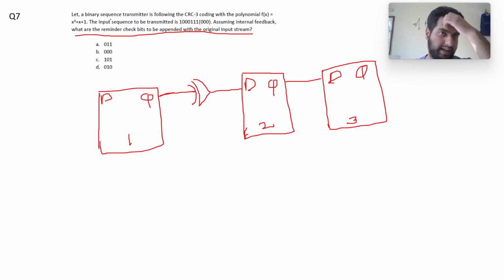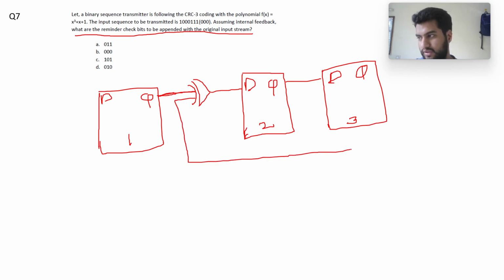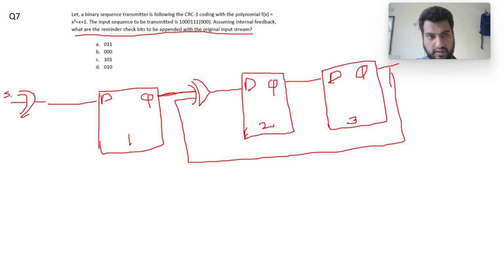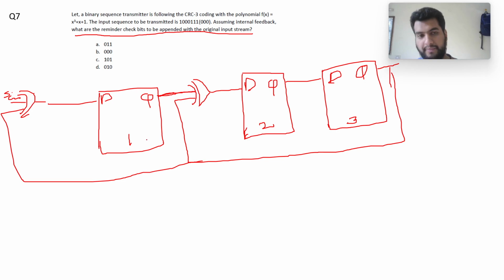So the tapping is at x cube and x. This is my first, this is my second, and this will go here, and this is my D, this is serial in, this is my output here, and also we have clocks which I'm not showing here.